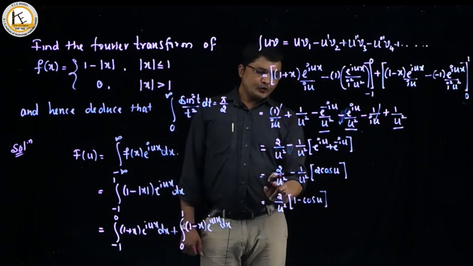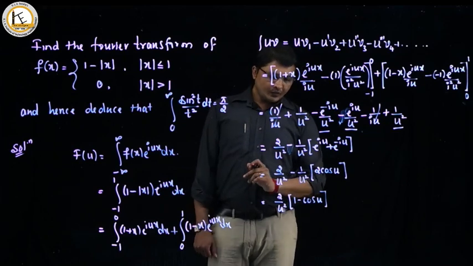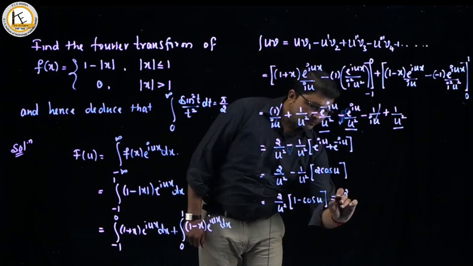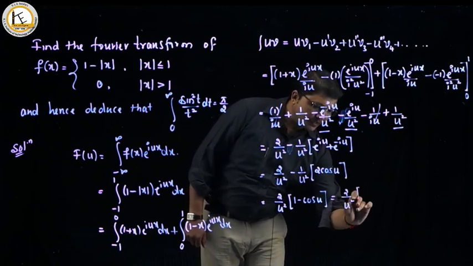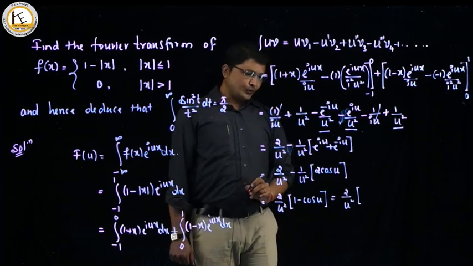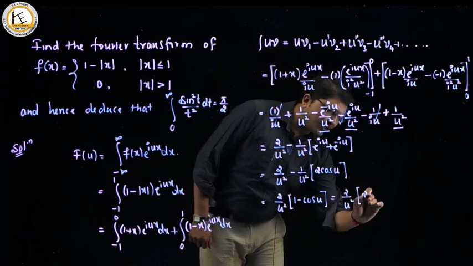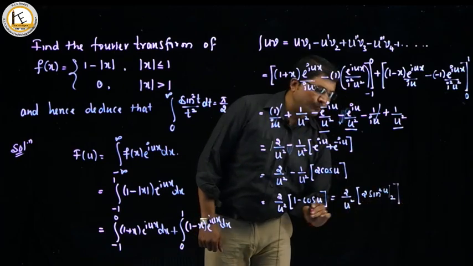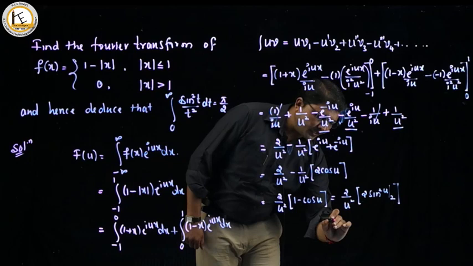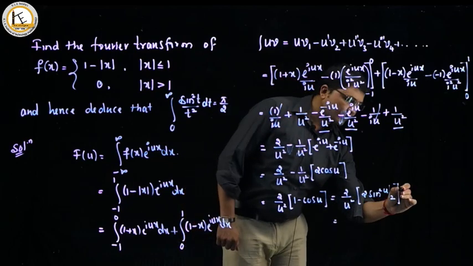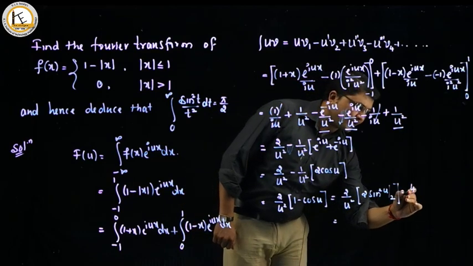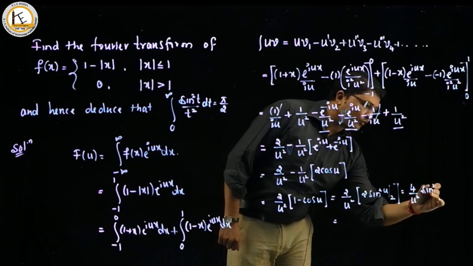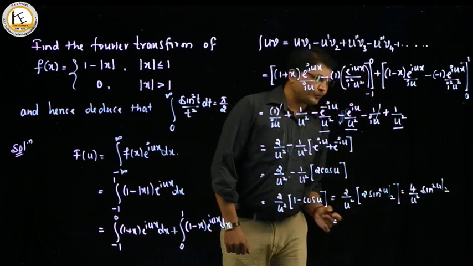So 2 by u square is common in both terms, and we have 1 minus cos u, and since we know that 1 minus cos u is nothing but 2 times sin square u by 2, therefore we have here, I will write, 4 divided by u square into sin square of u by 2.